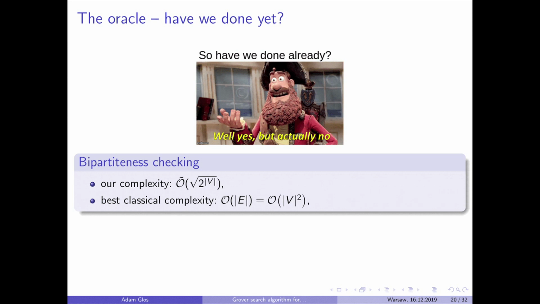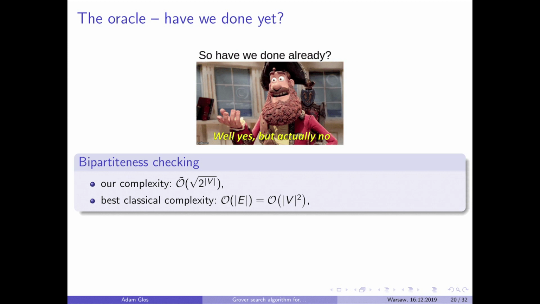Our algorithm, which is better than classical random search, has complexity square root of 2 to the number of vertices. But the best classical algorithm has a much lower complexity in the worst case scenario. So we actually haven't done anything efficient for now.